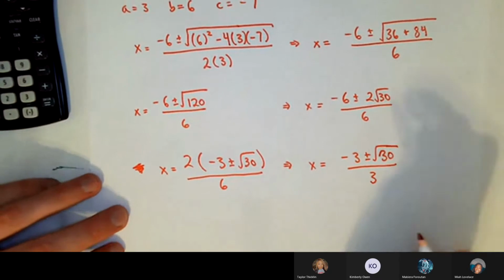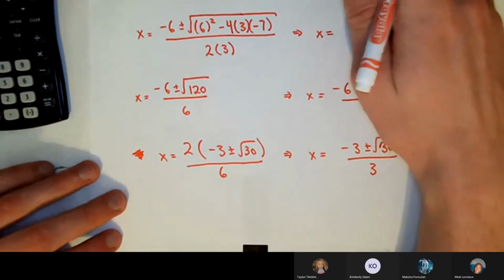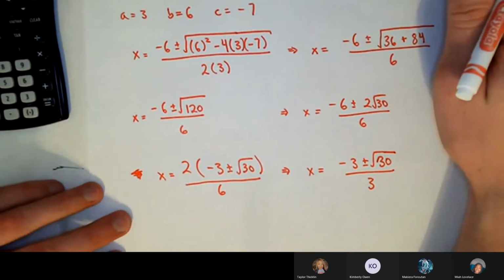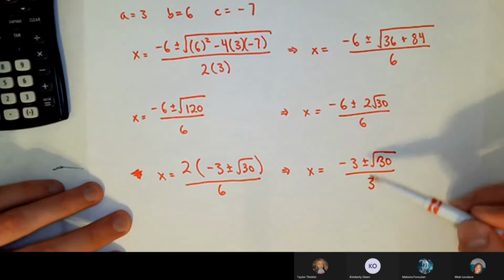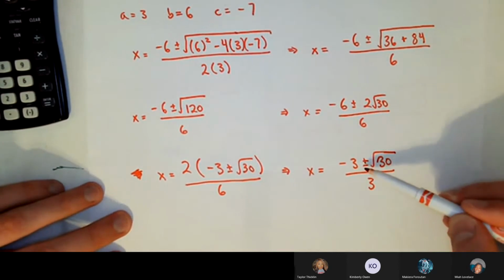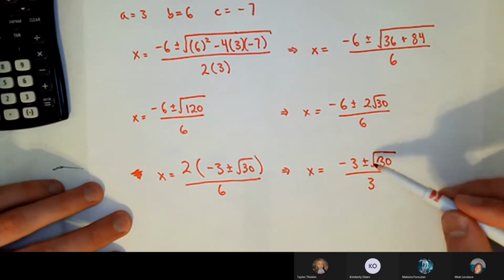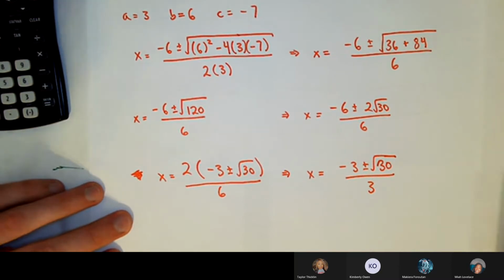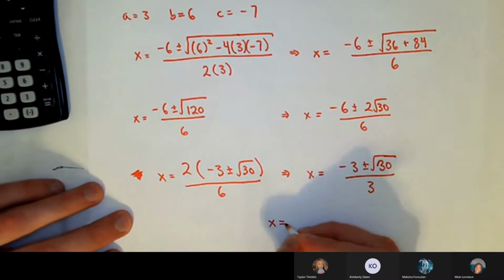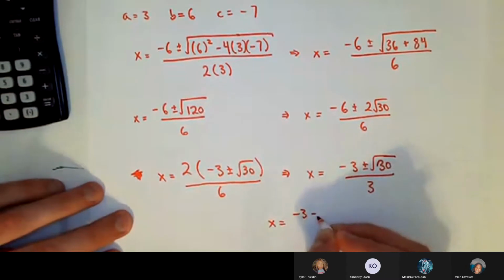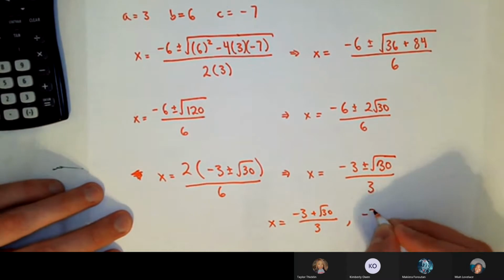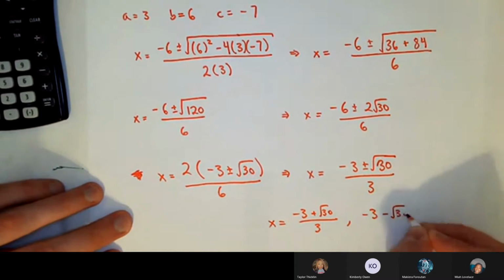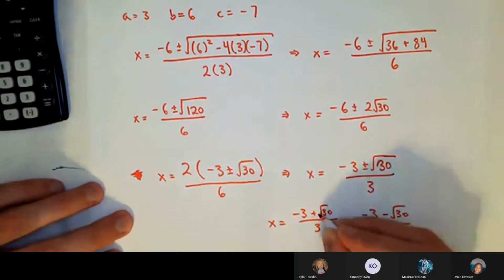Only other thing you might want to do is, it depends on how the problem is asked. Sometimes you're allowed to input the answer like this with the little plus or minus symbol in between. But more often than not, they want the answers separated by a comma. So the way you would write that is x is equal to -3 plus square root of 30 over 3, comma, -3 minus square root of 30 over 3.